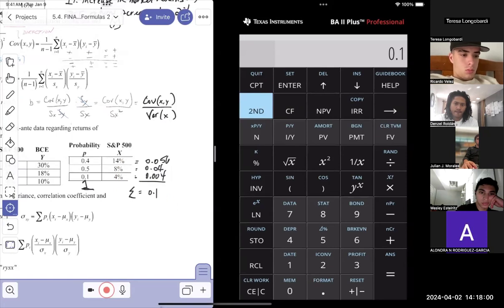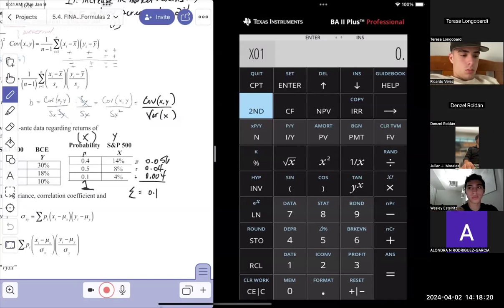A faster way to do this is the following. I'm going to use my stat mode. There's something in there, so I have to clear it. I'm going to enter the probabilities as X and the returns to the market as Y. So I'm going to put 0.4, enter down, as X1 and 0.14, enter down, as Y1.